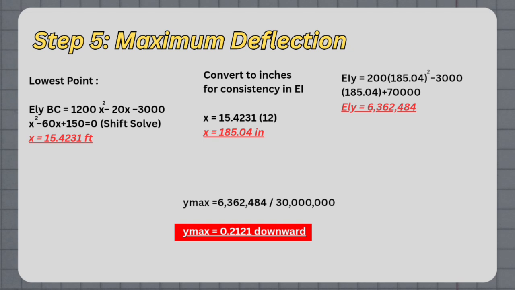15.4231 feet. And then we must take note that our moment of inertia is in inches, so we must convert our value of x into inches so that we will have consistency in our EI. So 15.4231 multiplied by 12 is equal to 185.04 inches.